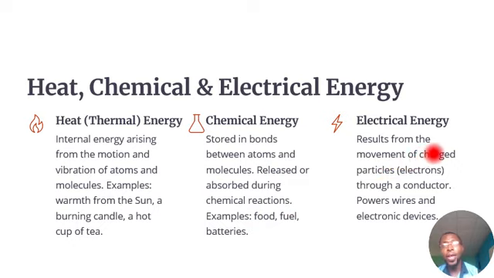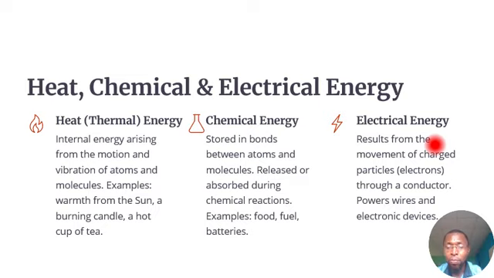The other one is known as the electrical energy. This is energy that we get as a result of the movement of charged particles. When charged particles are moving, what is generated is called electricity or electrical energy.